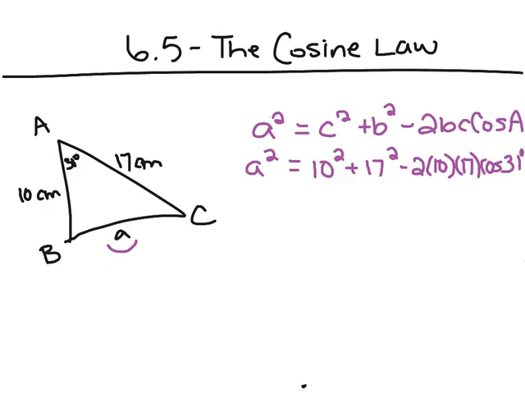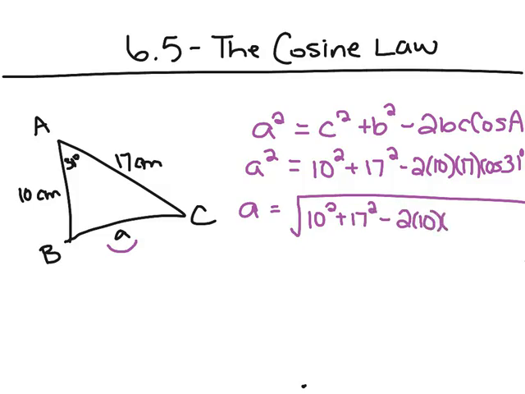Now because we have a square, we're going to take the square root of both sides, so a is going to be equal to the square root of 10 squared plus 17 squared minus 2 times 10 times 17 cos of 31. It's best when we do this to type this all into your calculator all at once.